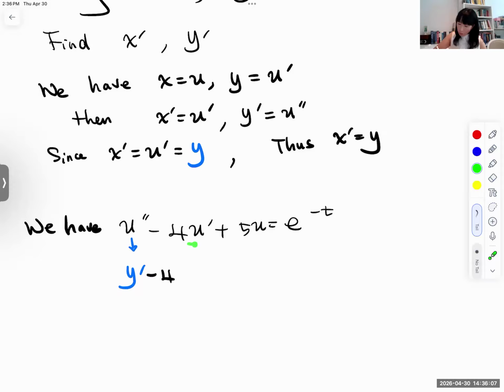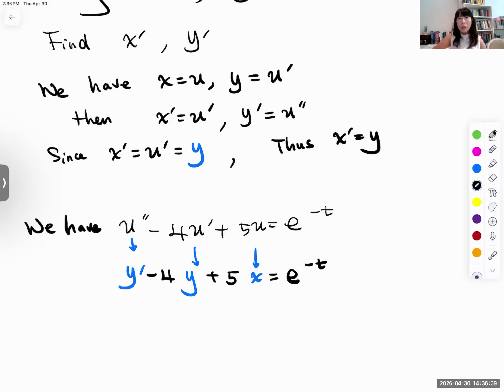What's the u prime? U prime is y, right? So this is a y. And plus 5. What is a u? U is x. Yeah. So u is x. And equal to e to the negative t.